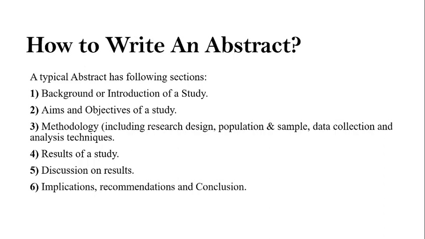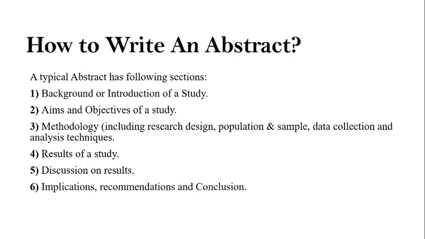The abstract should be started by writing the background or introduction of the study. And keep in mind the abstract word range is from 150 to 300 words, depending on what the study is. So, starting from the background, then the aim and objectives, and then the methodology.